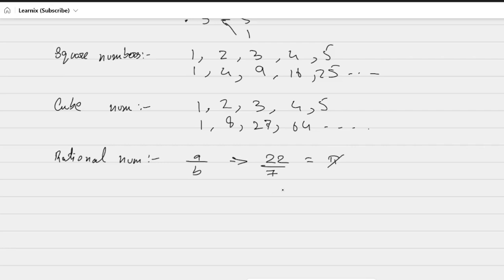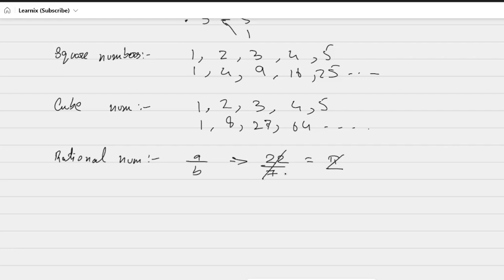Pi itself is not a rational number. Pi has infinite decimal points, is what I meant to say. Pi is 3.14 blah blah blah. It does not have an end. It cannot be written as a fraction.